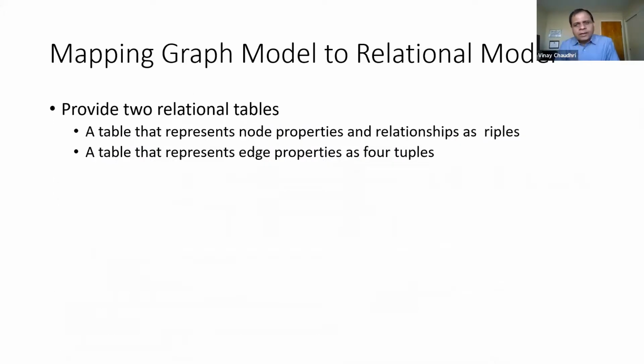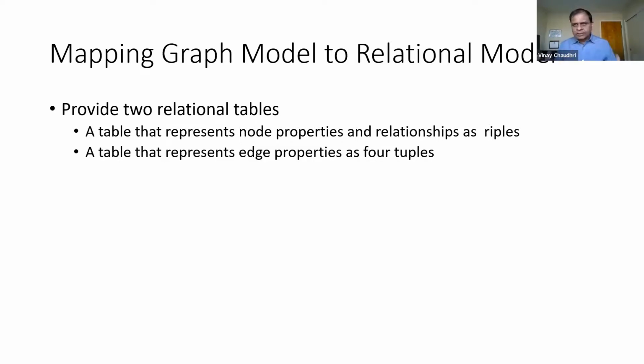Now from the relational perspective, people would argue that if you give me data in the property graph model, I can represent it using two relational tables. In one relational table, I'm going to have all the node properties and the relationships, and I'll store them as triples.